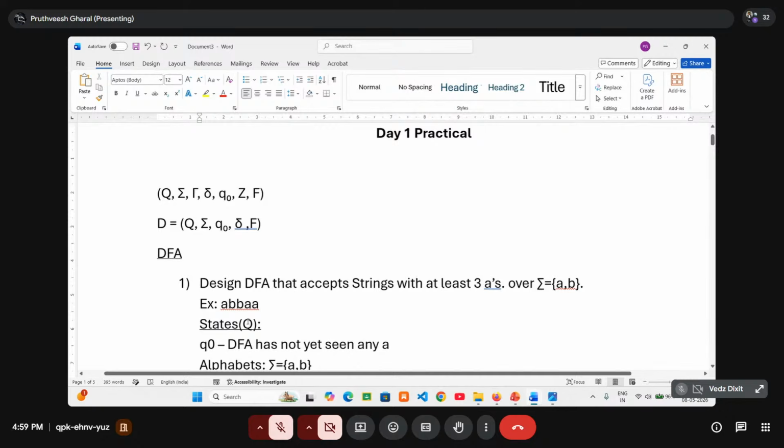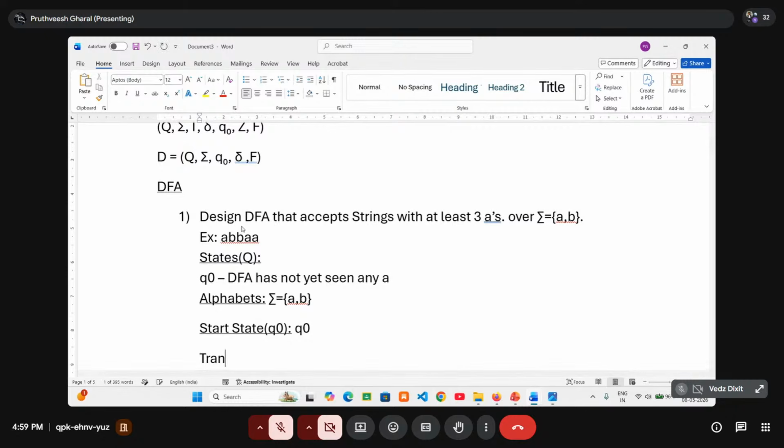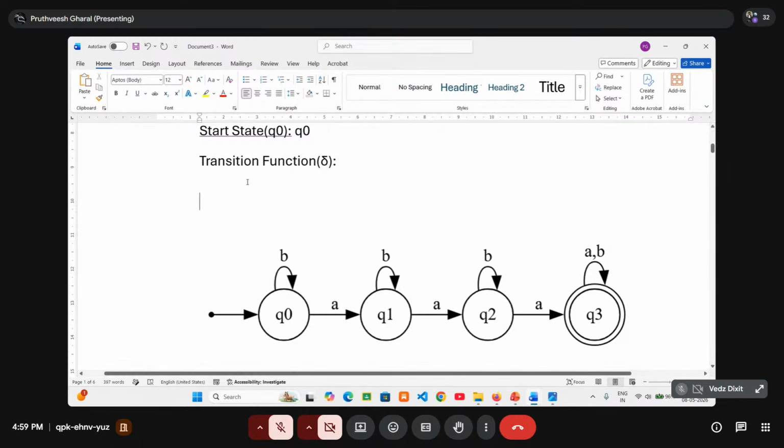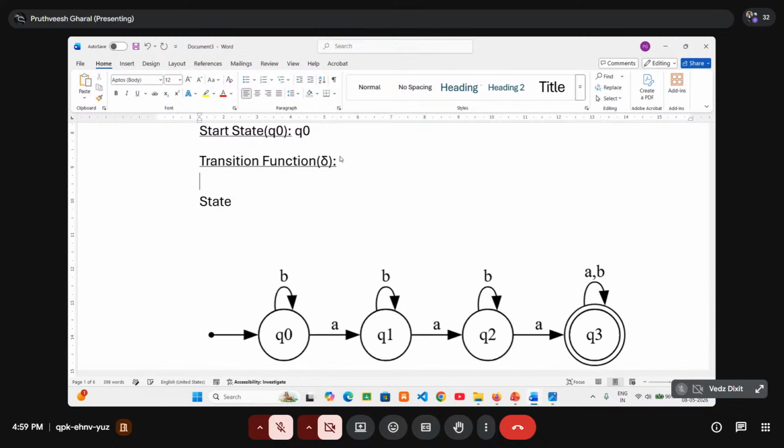Next is delta. Now, delta for a finite automaton, we define it using a transition table. Okay, so how do we write a transition table? Let's take a state here, and let's write the input here.